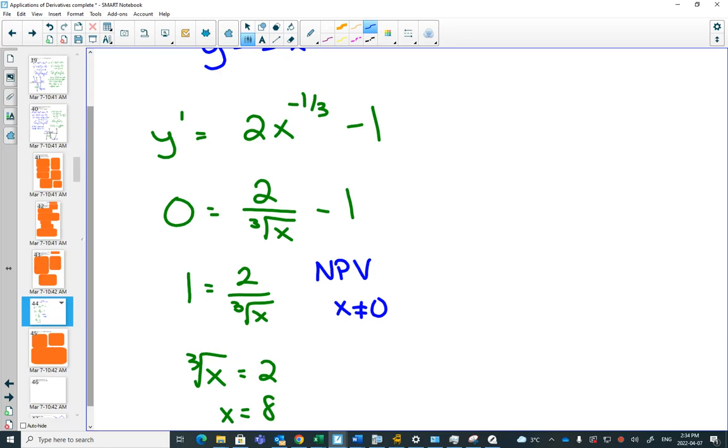So this is going to be interesting. So this non-permissible value at x equals 0 tells us that no derivative exists when x is equal to 0. And we're going to find out when we get to the final graph. But as far as drawing your number line for your derivative, you have to put 8 on there. But most people forget or miss that you also have to put 0.